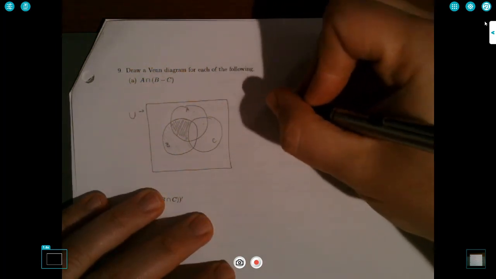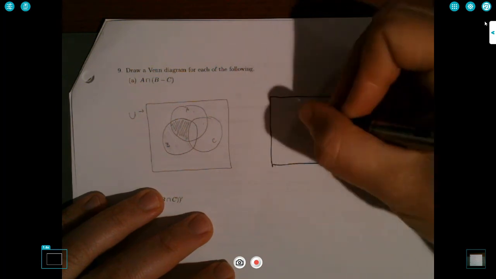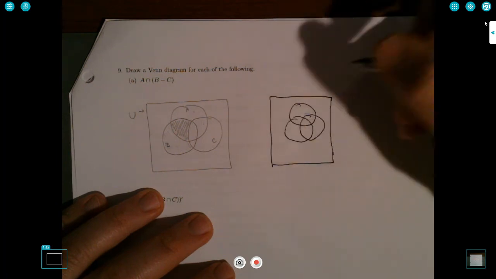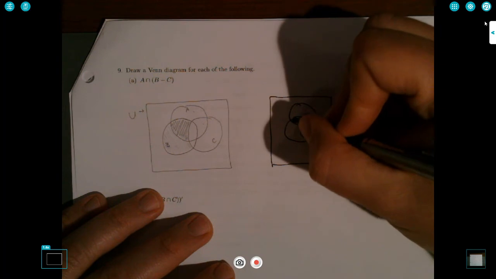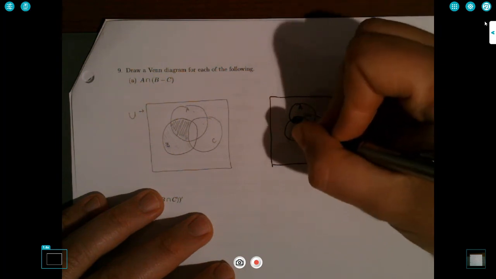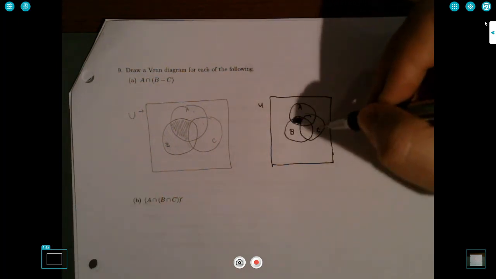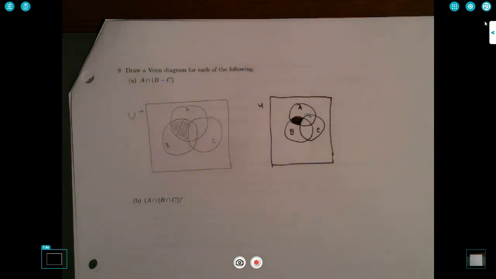So my final answer is this. A, B, C, and it's just this region. Okay, so there's my Venn diagram. That's my final answer.